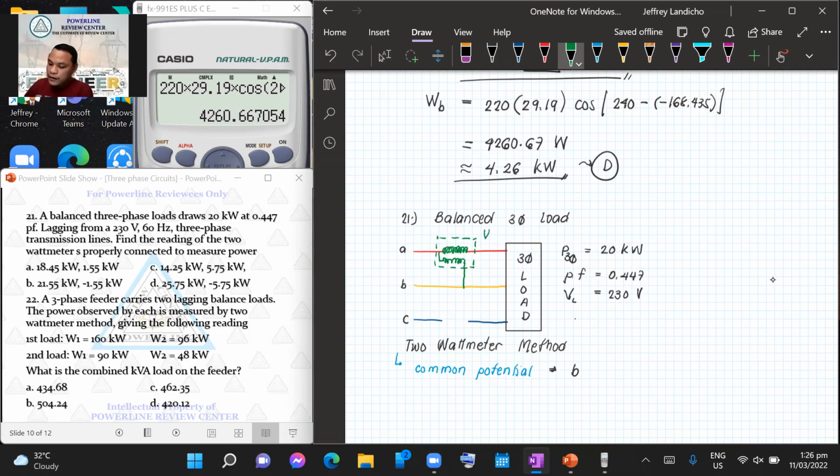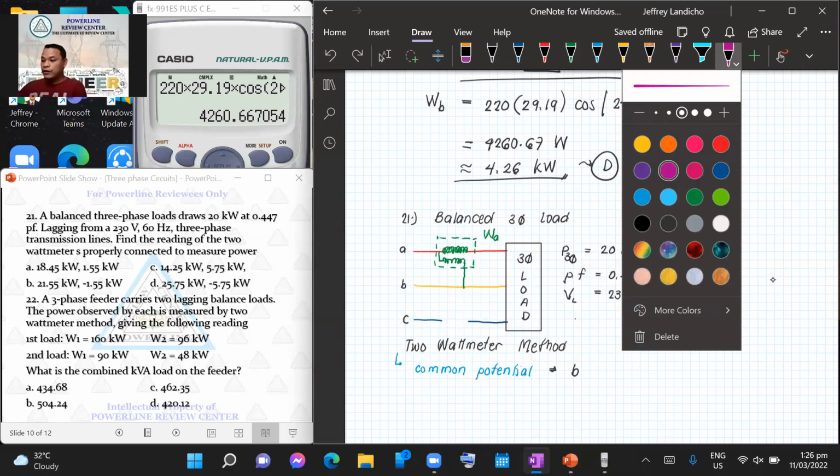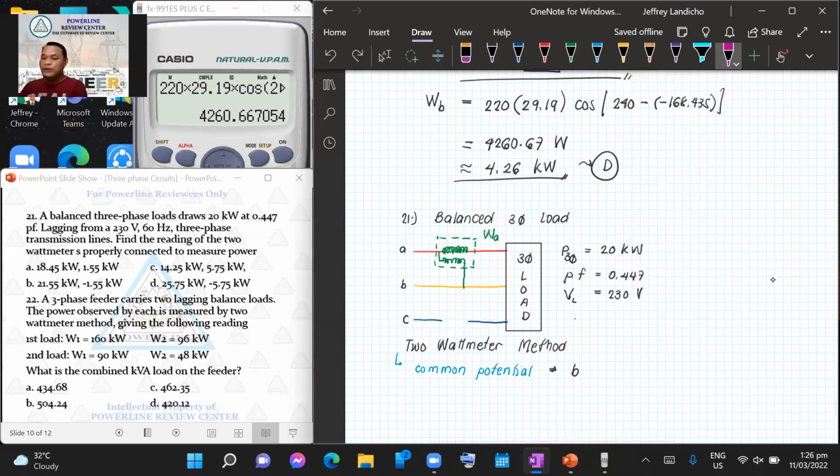Let us say this is your wattmeter A. Now the second wattmeter, where is that connected? At C. You cannot place an ammeter or current coil on the line you set as common potential. Here I set B, so we cannot place a current coil there. It is purely potential, hence common potential.